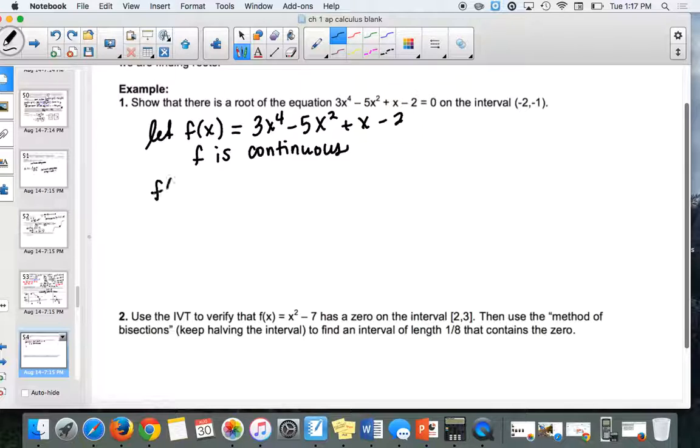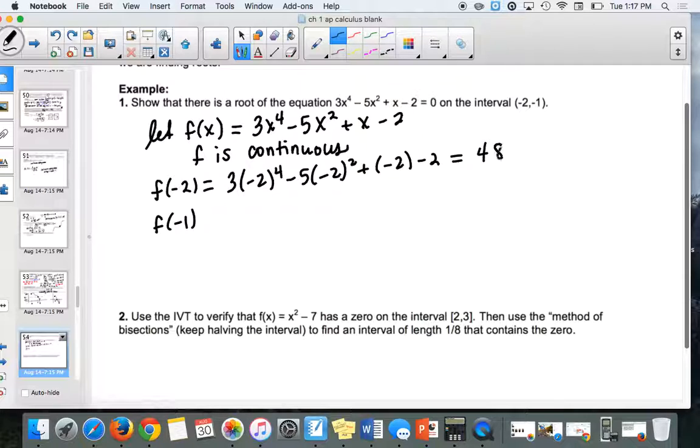So now we want to find f of -2 and f of -1. We want to find our a and our b values from our interval. So f of a and f of b. All right, so f of -2. 3 times -2 to the 4th minus 5 times -2 squared plus -2 minus 2.